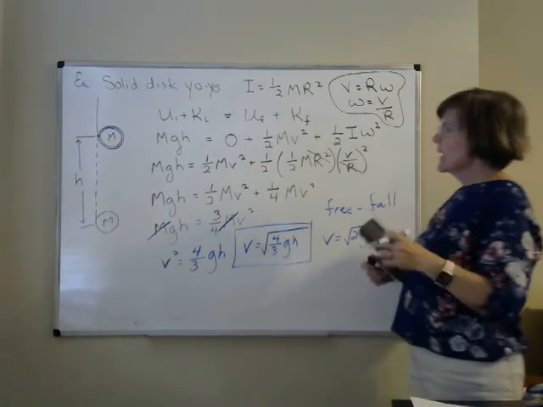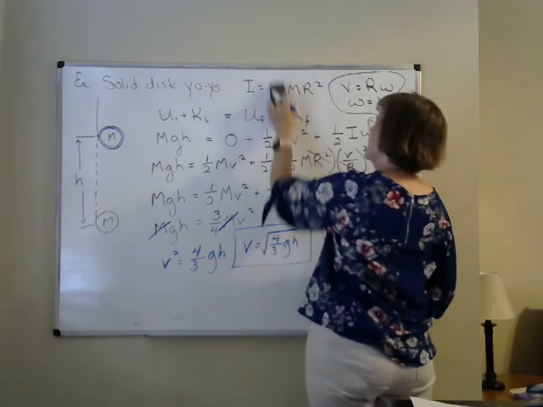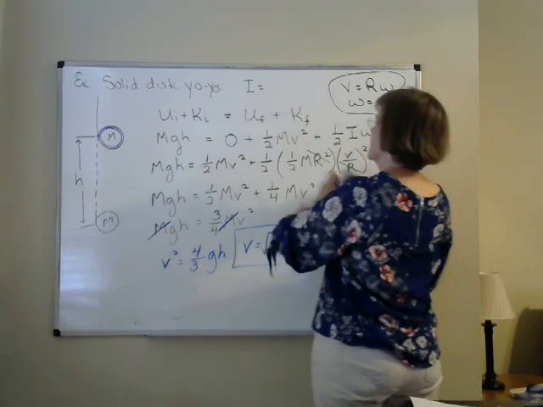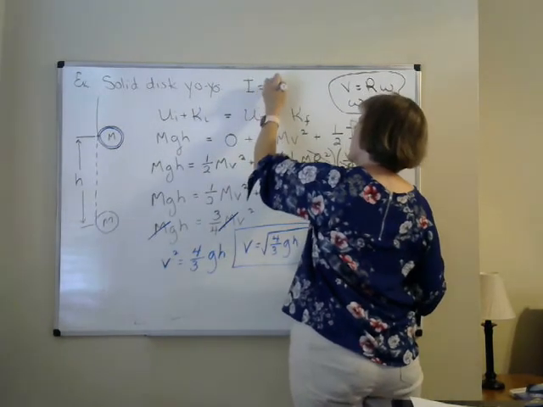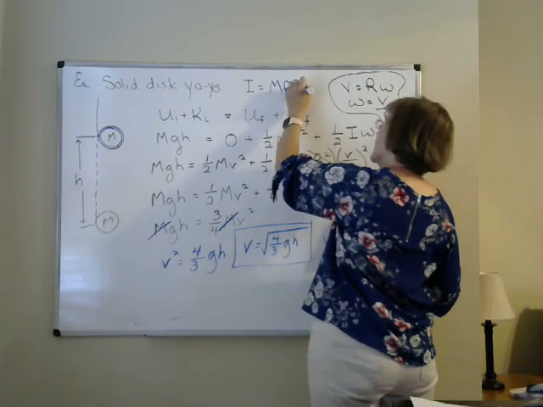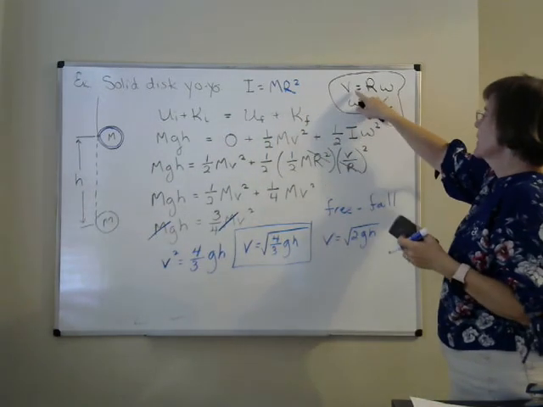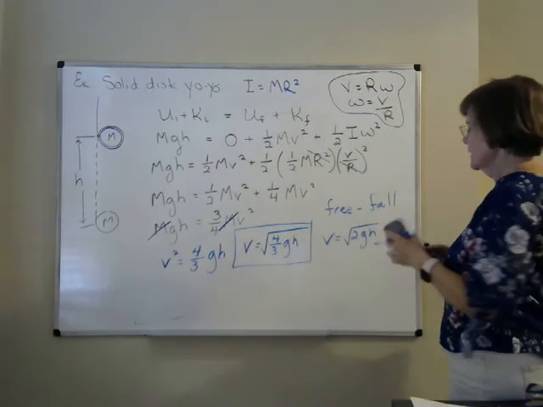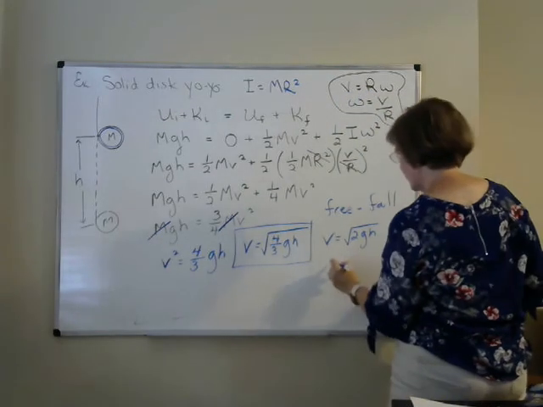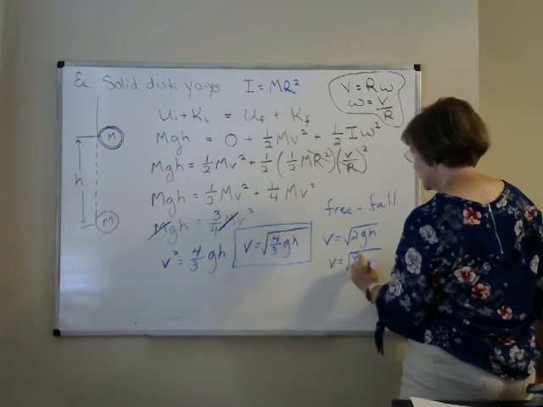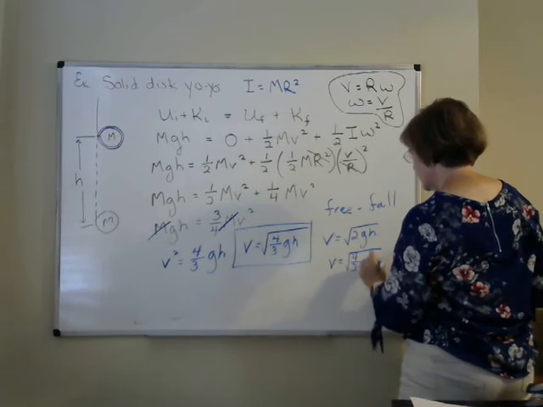So if I have a hollow disc, my moment of inertia for a hollow disc is simply mr squared. The relationship here has not changed. v is equal to r omega. We know for the solid one, it was 4/3 gh.